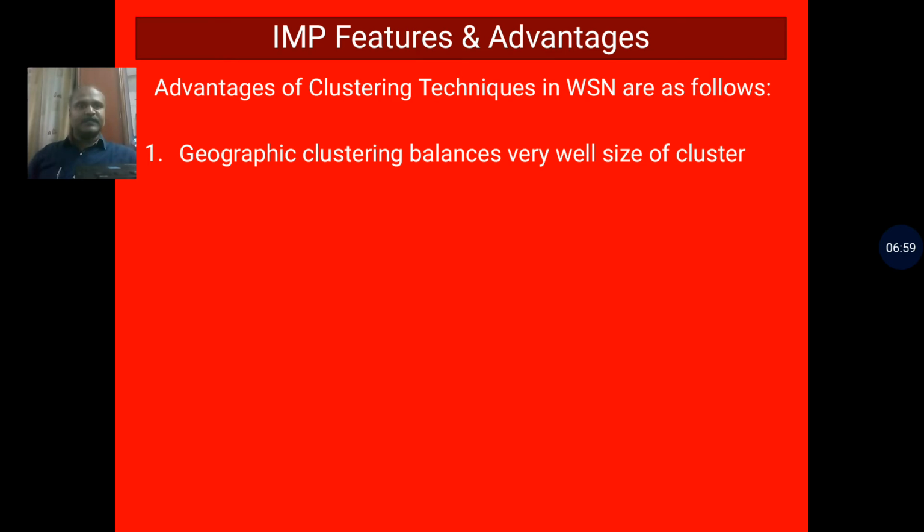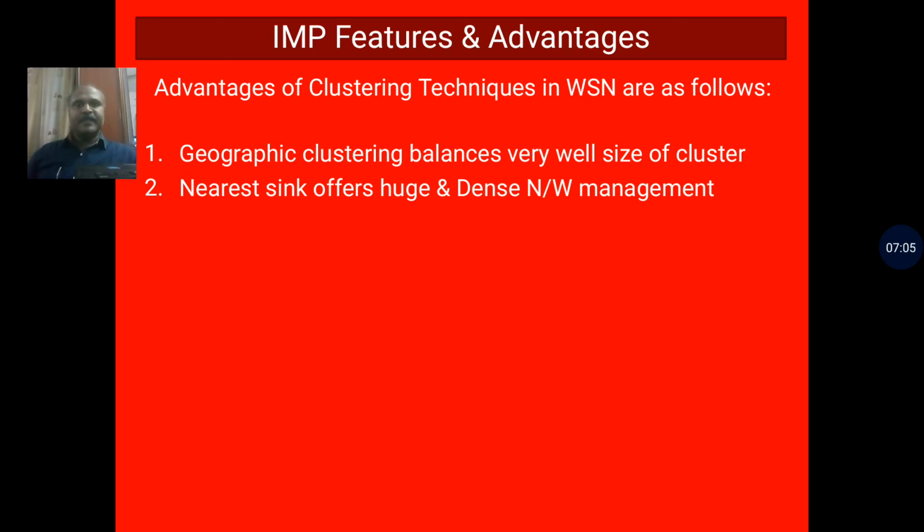That's why the size of the cluster is also very balanced and managed. Nearest sink offers huge and dense network management. So in case of dense network management, a number of sinks are to be considered and the sink nearest to the cluster is selected by means of some criteria and algorithmic approach.